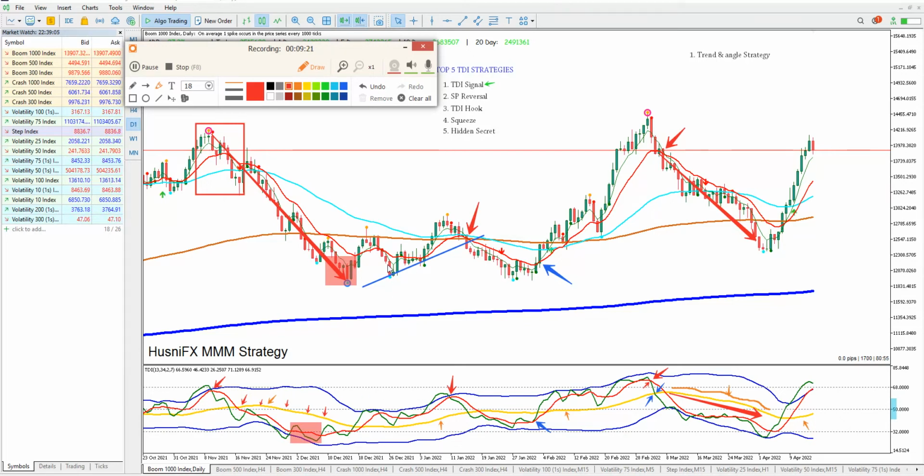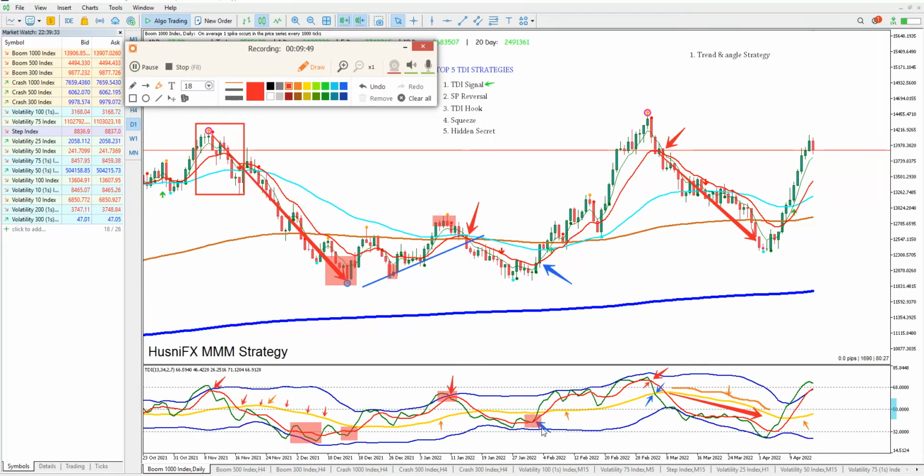We enter a buy entry here, and then we exit here. When we see there is a crossing, then we exit, because the yellow line is in the opposite direction, and you can see that the market started to continue down.